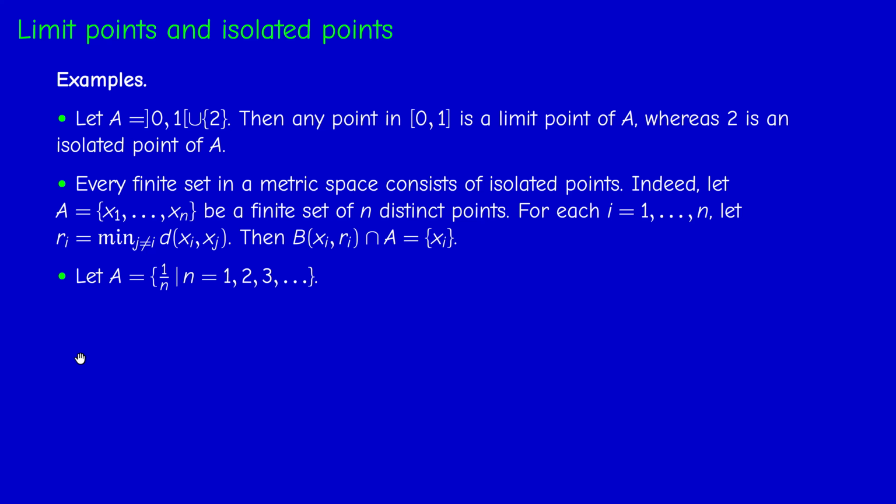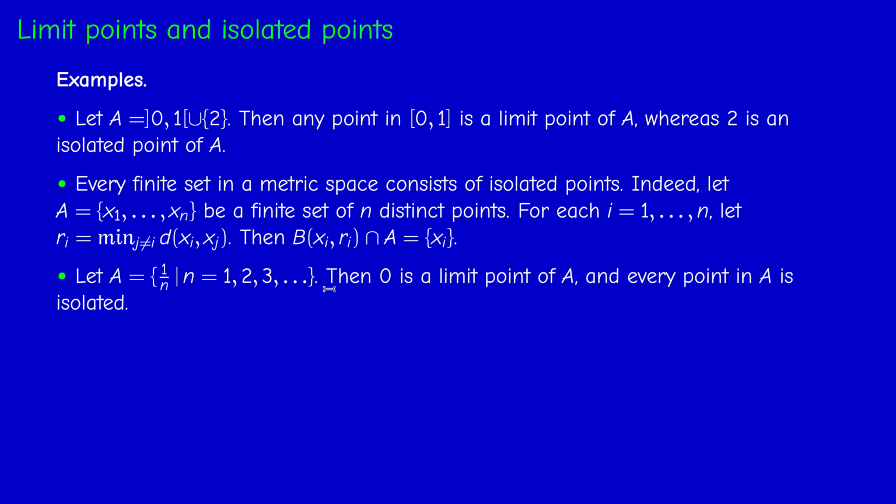Now, a less trivial example. Consider A to be the set consisting of 1, 1/2, 1/3, etc. As you know, 0 is the limit point of A, and every point in A is isolated. I think I gave this example last semester, but try to prove it as an exercise.